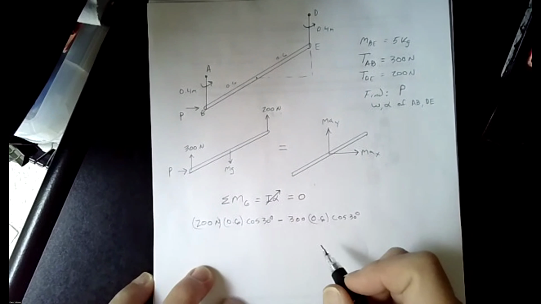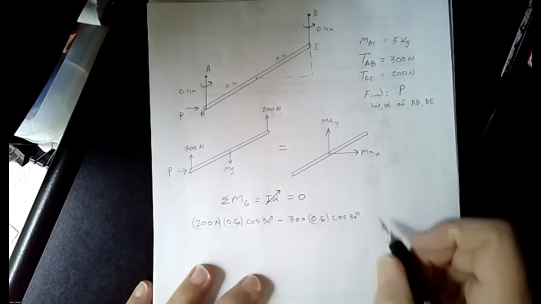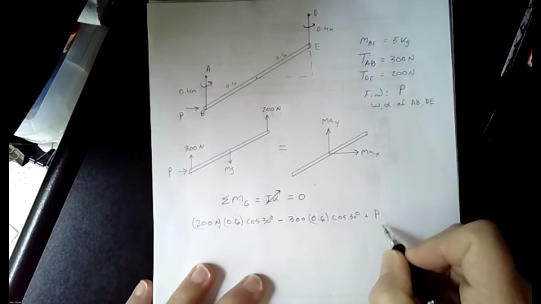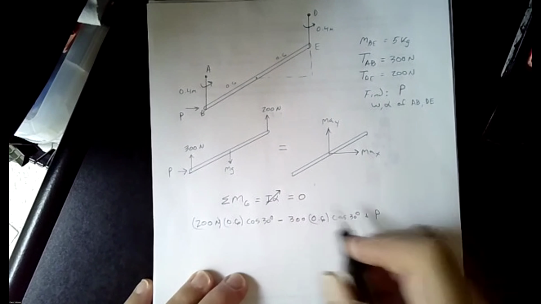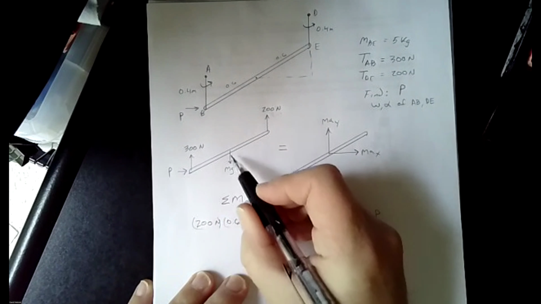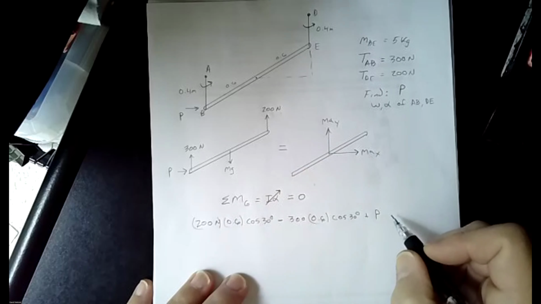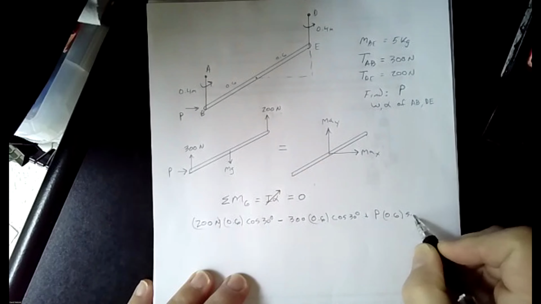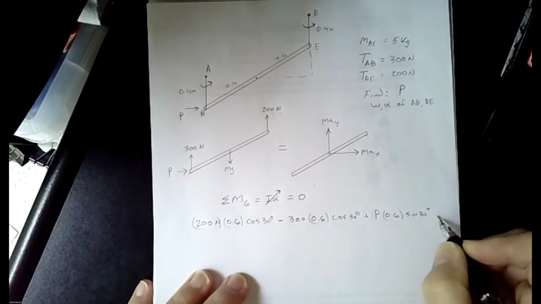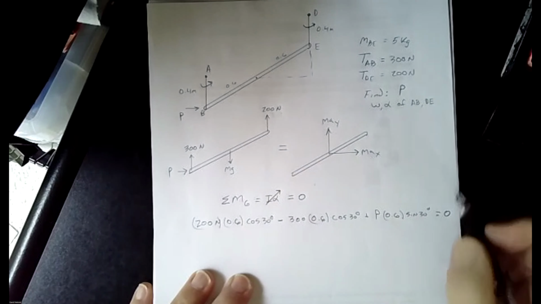And then that's going to be plus P, which we're looking for. And P, of course, we know is just going to be this distance here. So that's going to be 0.6 sine 30 or 0.3. And all that equals 0.